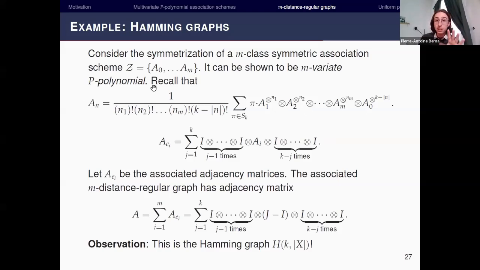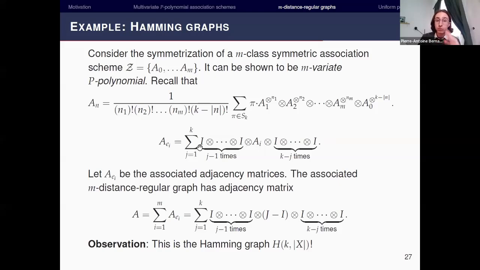And for this scheme, we know that it's m-variate p-polynomial. And just by construction, the AEI are these matrices. It's because EI is the tuple with 0 everywhere except a single 1 at position I. If you do this construction, you find that AEI is just a sum over taking the tensor product of the identity, except at some position you get one matrix AI.